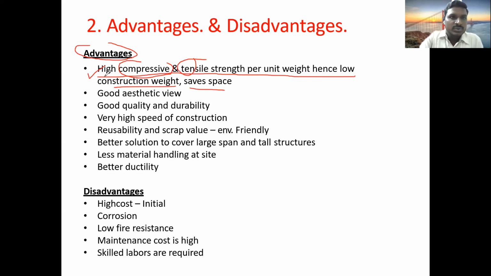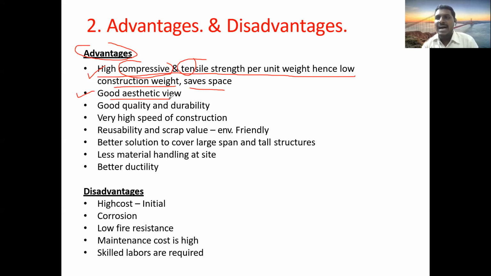Okay. So the first advantage is high tensile strength and high compressive strength per unit weight, and hence the low construction weight. The construction weight becomes very low if we use the steel structure. Then the second advantage is a good aesthetic view.